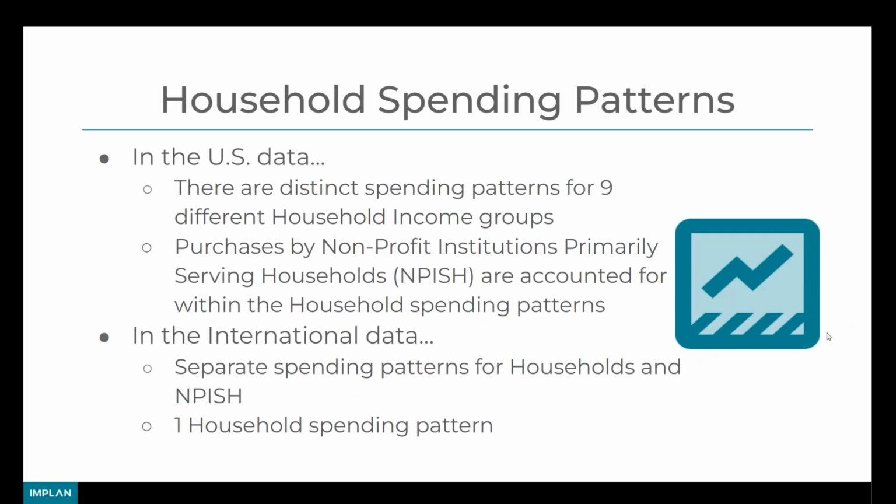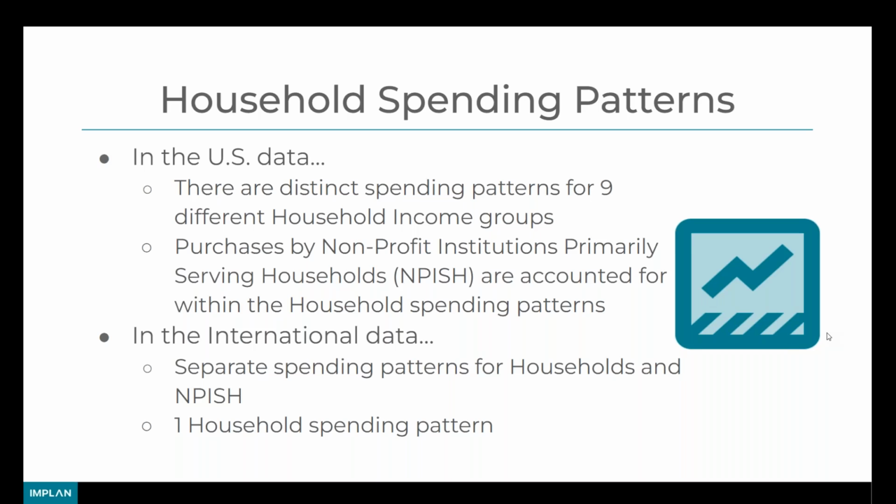One final difference between the international product and the US-based product is related to the accounting of final demand. Households are a major component of final demand, purchasing goods and services for personal use and generating induced effects in an economic impact analysis.